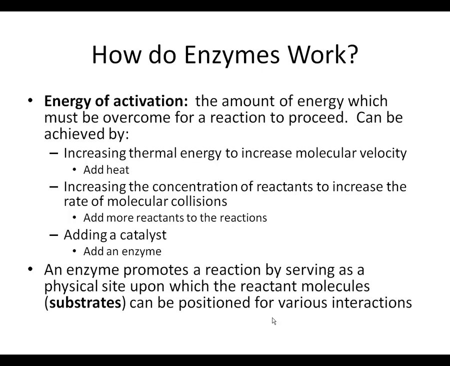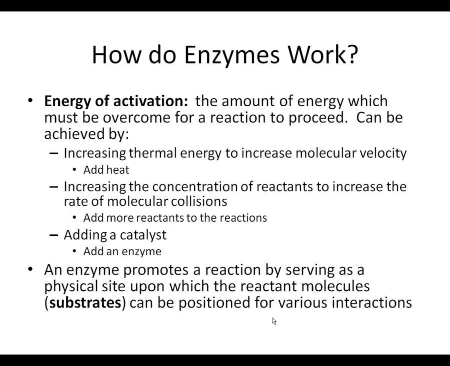We can increase the concentration of reactants to increase the rate of molecular collisions. When these molecules bind or collide with each other, they will break bonds and chemical reactions will take place. Or we can add a catalyst like an enzyme and lower the amount of energy required for that chemical reaction to take place.